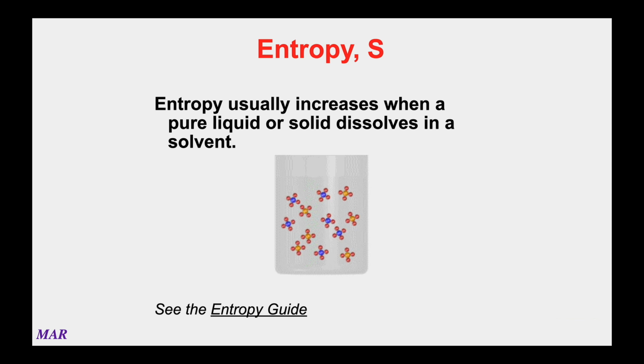Because you are taking that nice concentrated ionic lattice, putting it into a pure solvent, making a bunch of ion-dipole forces, and breaking up things. So usually entropy gets bigger. This is the weakest of all these assumptions though, and we're going to see in lab some exceptions to this rule, I'm letting you know. But overall, if you have to guess, making a solution will increase the entropy relative to the pure substances.